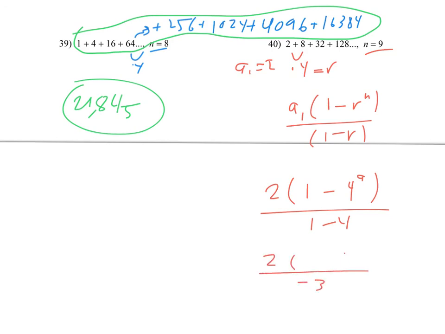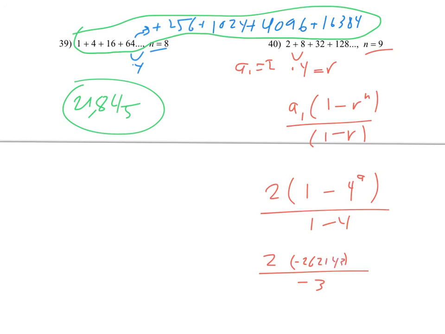I'm going to do this in my calculator, the 1 minus 4 to the 9th. And that's actually a big number there, negative 262,143.